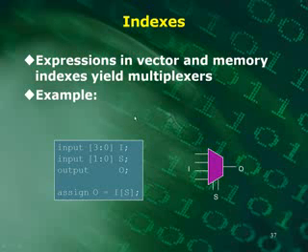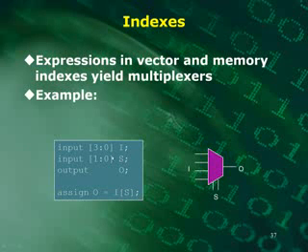Now if you use expressions in vector and memory indexes, it's going to yield multiplexers. So here I have a 4-bit input called i, a 2-bit input called s for select, and an output called o. I say assign o equals i of s, and you can do this.